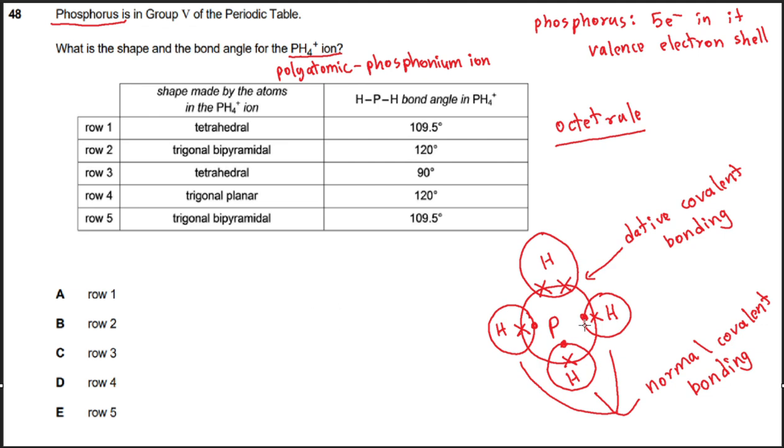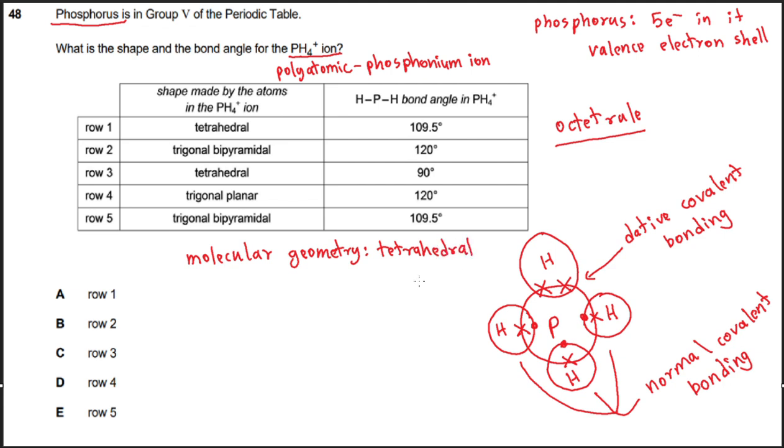Okay, from this we can deduce that since it has formed 4 bonds to 4 hydrogens, its molecular geometry is going to be tetrahedral.